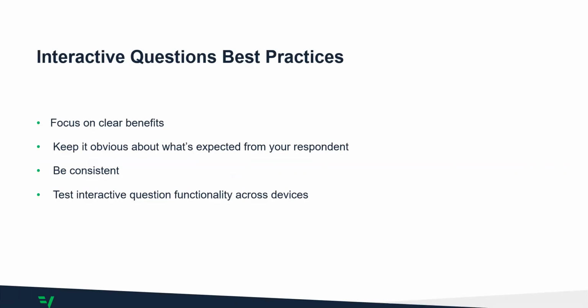Then be consistent with the question type you use, as using different ones may result in differences in your data. And finally, test and retest your survey, not only to ensure your interactive question functions properly, but also to ensure it renders well and is easy to use across the 3 major devices: desktop, tablet, and smartphones.